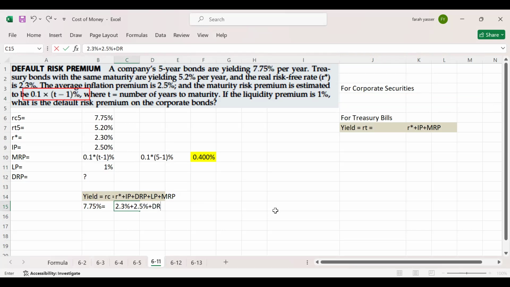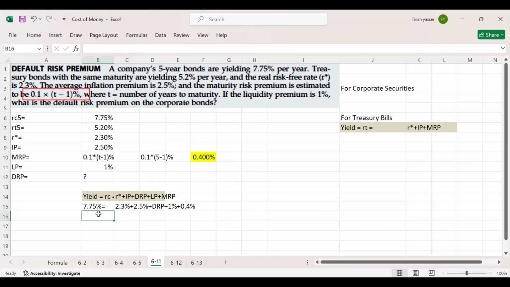So DRP is not given. Then in the formula, we have liquidity premium, which is 1%. Then we have maturity risk premium. We have calculated it, it is 0.4%.